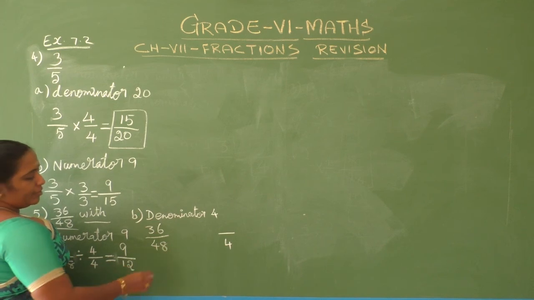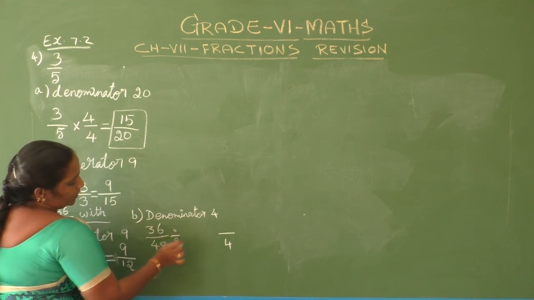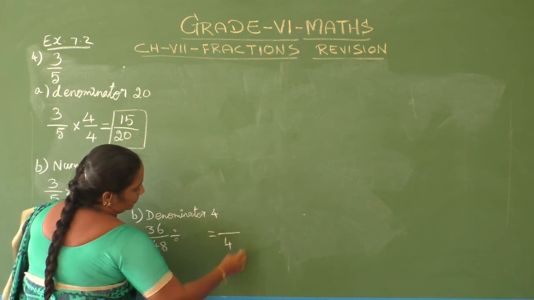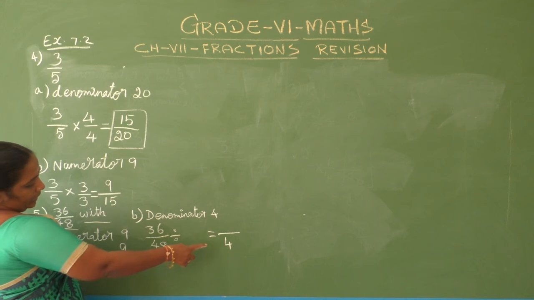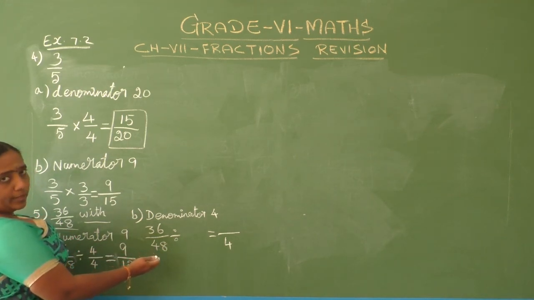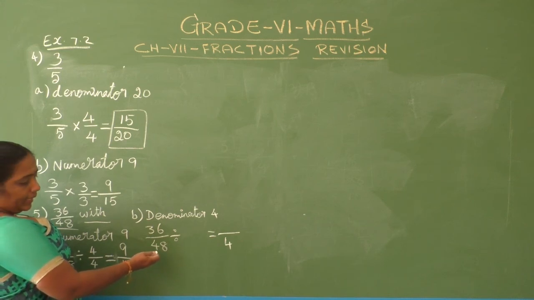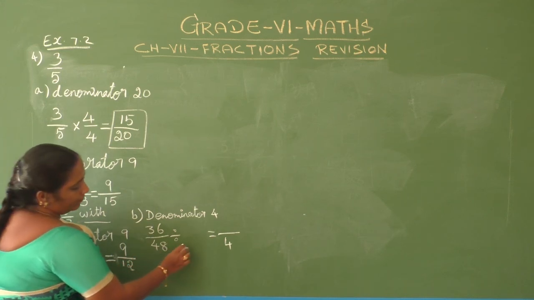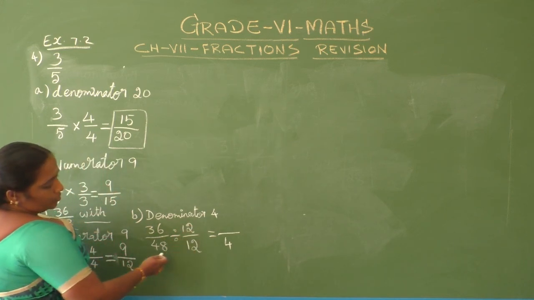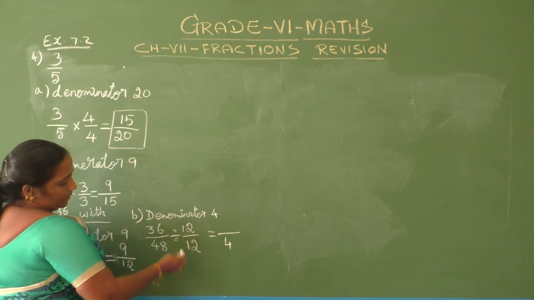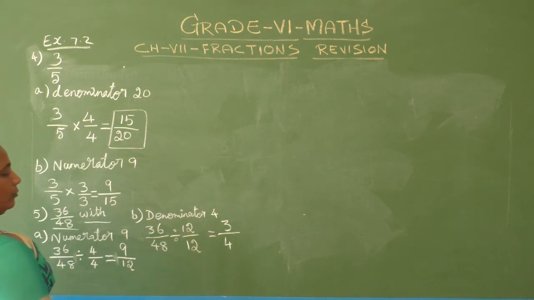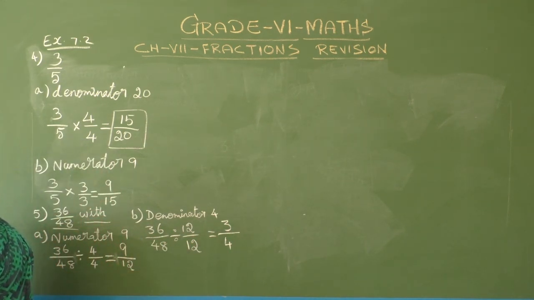Okay, this is also a division equivalent fraction only because the left side fraction is bigger than our right side fraction. So here they gave 4. How many 4s are 48? 10 4s are 40, 11 4s are 44, 12 4s are 48. That means they divided by 12. So 12 by 12. 12 into 4 is 48, so 4 times. Here 3 times it will come. So the answer is 3 by 4. You understand?